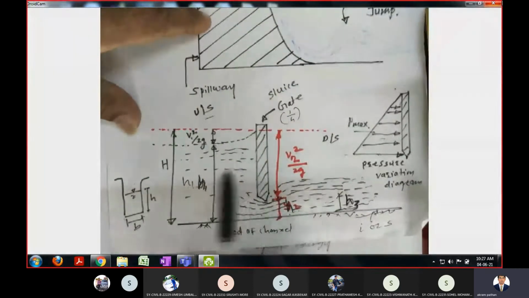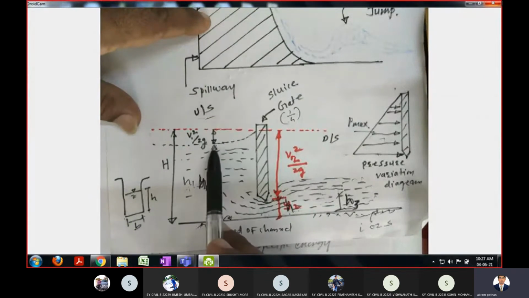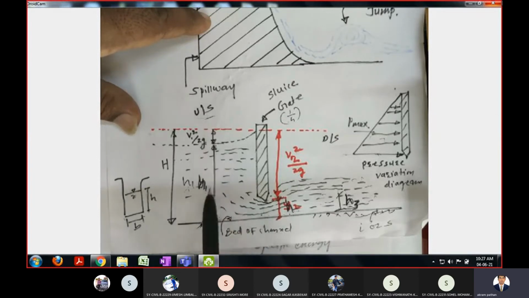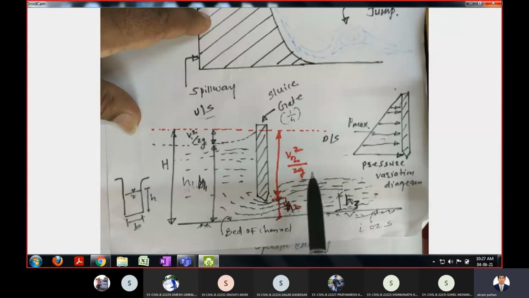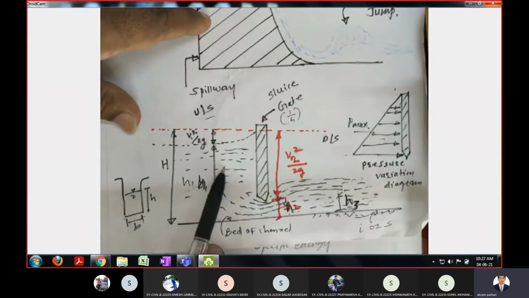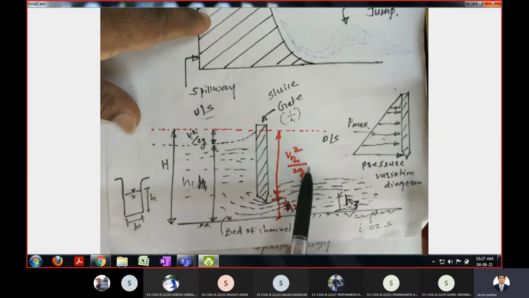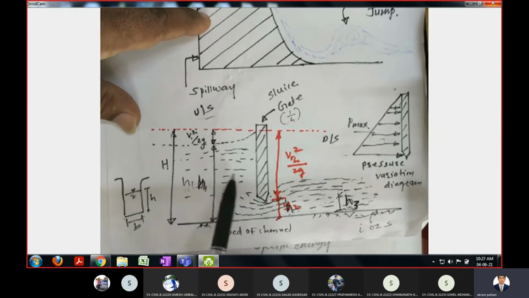If you want to calculate the total energy or total head, we have potential head and velocity head, or we call it kinetic head, and the datum head is 0. So H1 plus V1 square by 2G on the upstream side, and H2 plus V2 square by 2G on the downstream side. So the specific energy at sections 1-1 and 2-2 are equal.